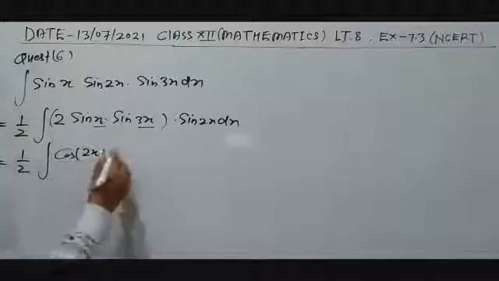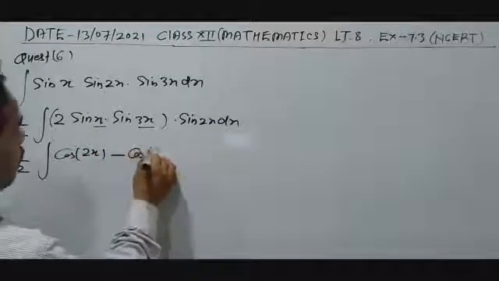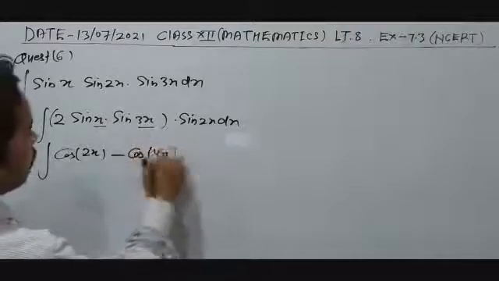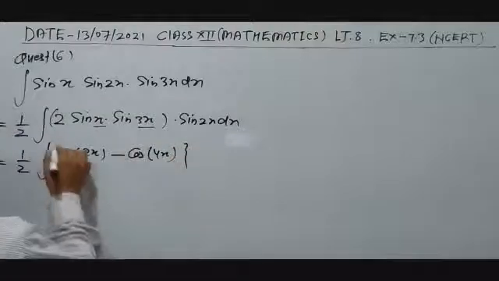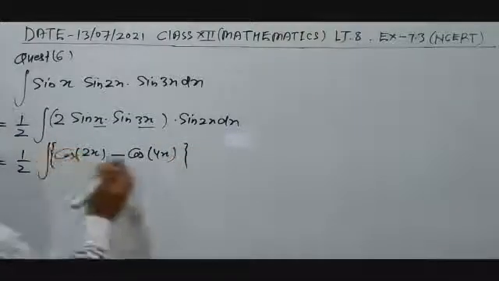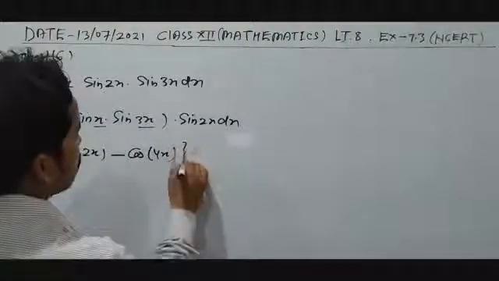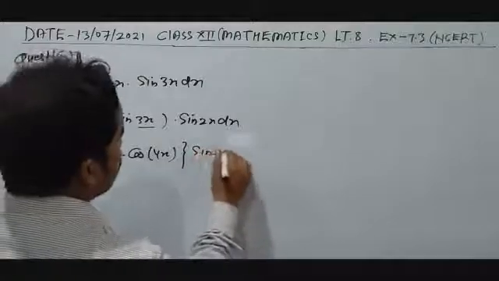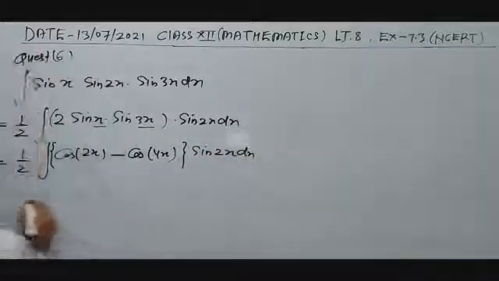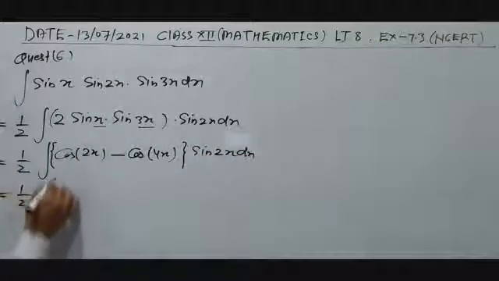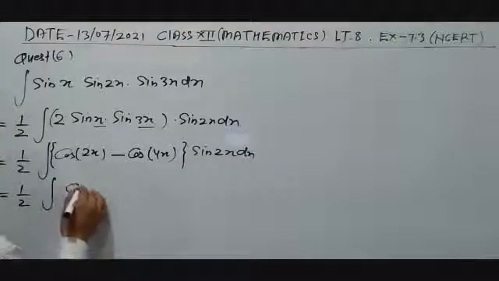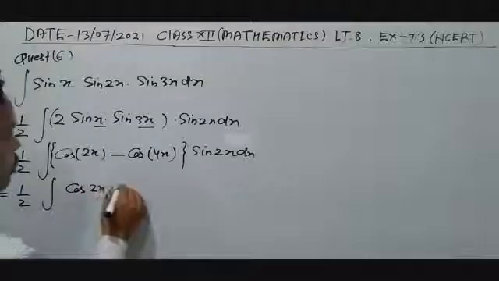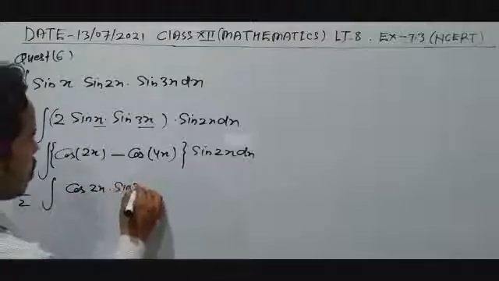So cos of a minus b minus cos of a plus b, result is 4x. Now this will multiply by sin 2x dx.